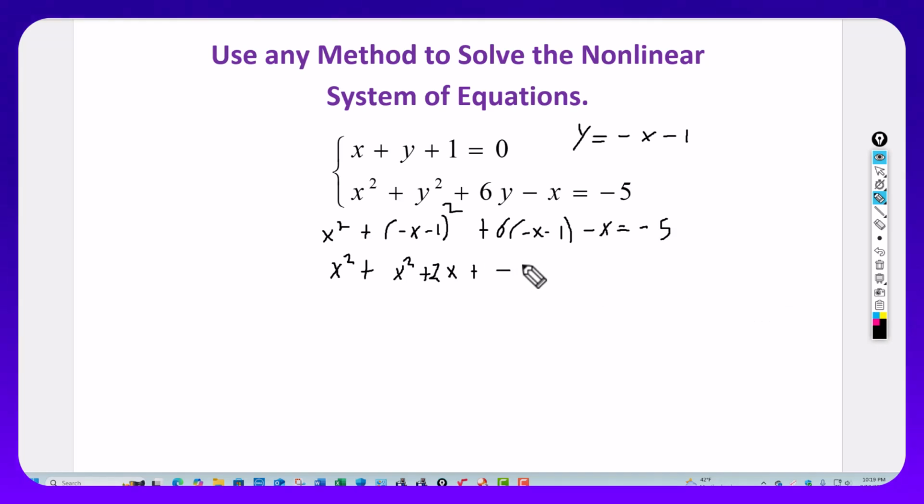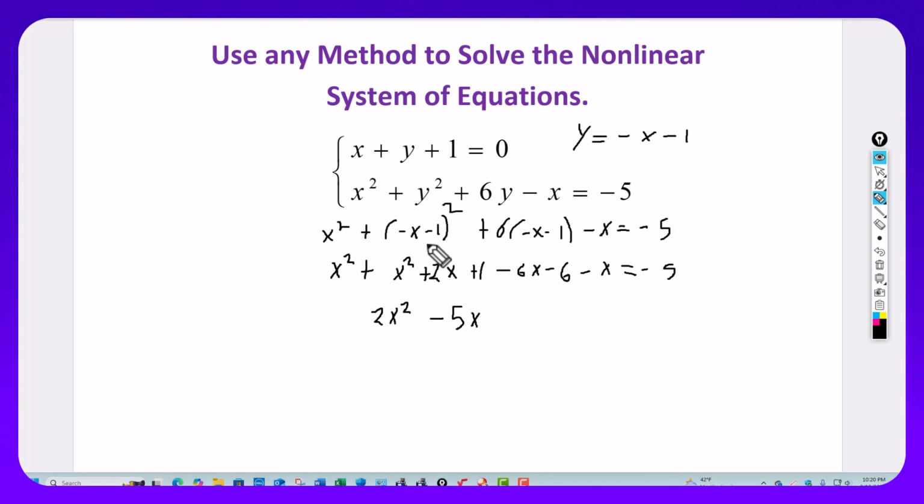It'll be a minus 6x, minus 6, minus x equal to negative 5. So I got an x squared and an x squared. That'll give me 2x squared. Then I got a 2x here and a minus 6x here. It's minus 4x, and then a minus x is a minus 5x. And I left my plus 1 out here.